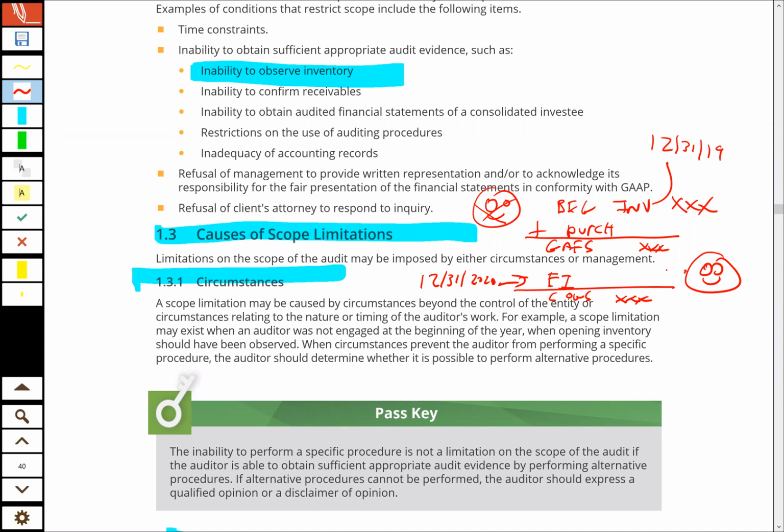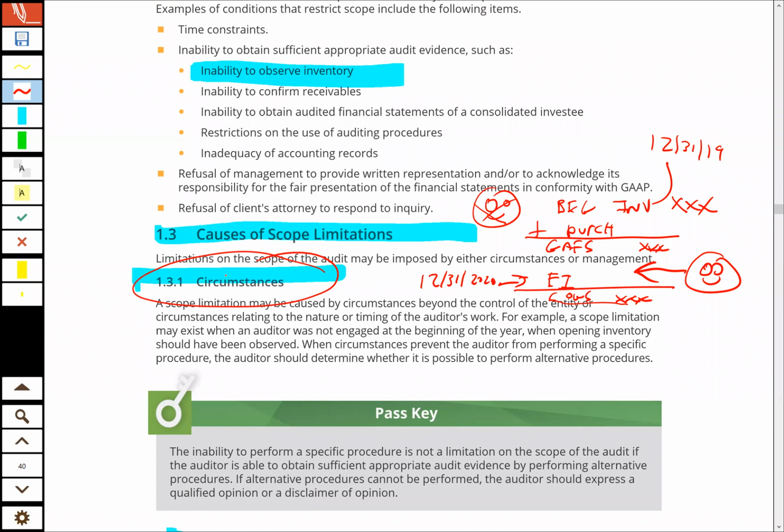But you still have the problem that you might be worried about giving an unmodified, unqualified opinion on cost of goods sold, and therefore on the income statement, because of this scope limitation. And in this case, maybe it's imposed by circumstances.